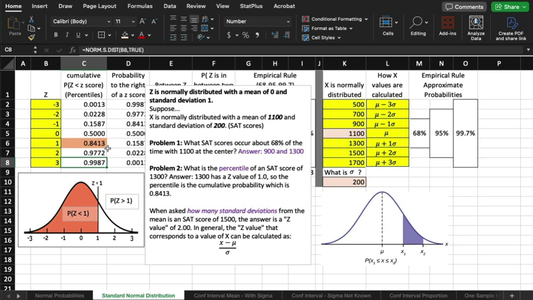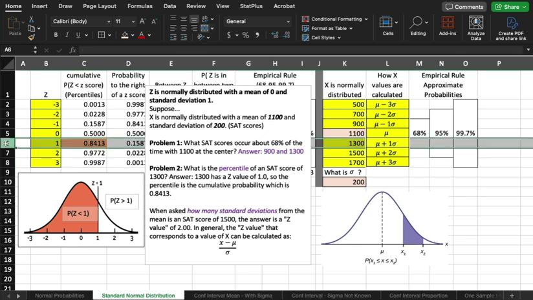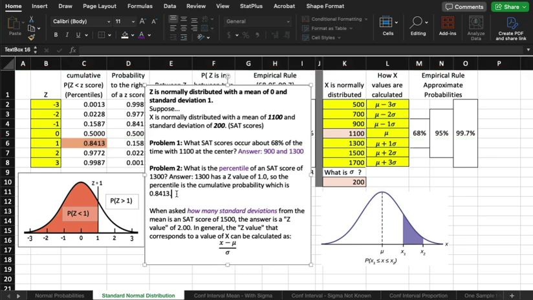Since the number 1300 has a z-value of 1.0, the percentile is the cumulative probability at a z-value of 1, so that's got to be 0.8413. So whenever you're asked for a percentile for a value of x, the way to calculate it is to get the percentile for the corresponding value of z.